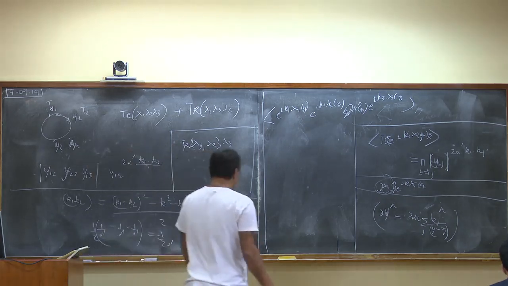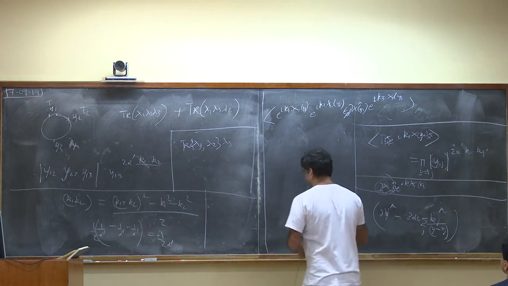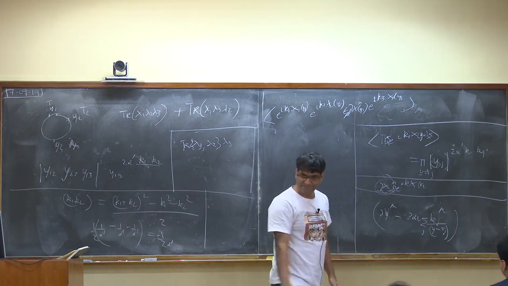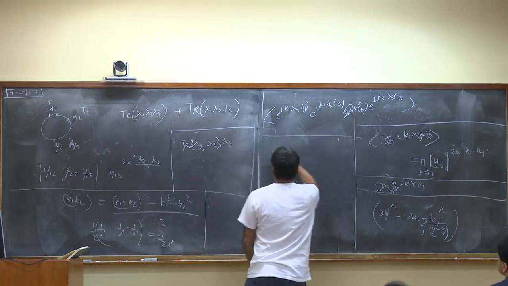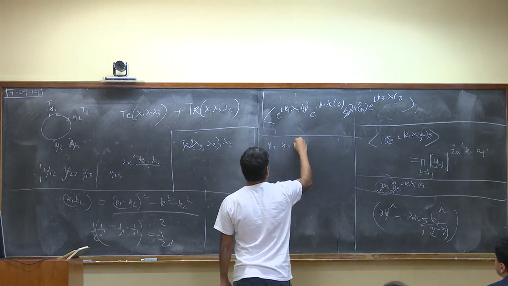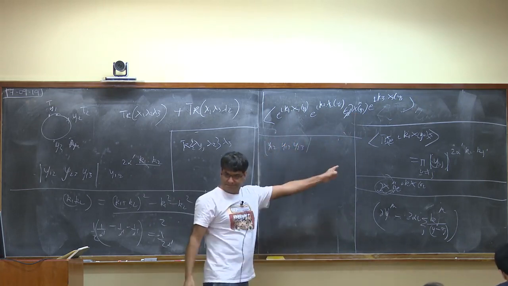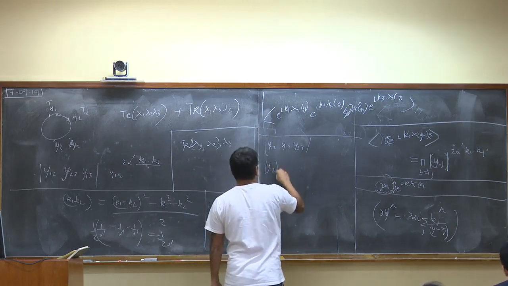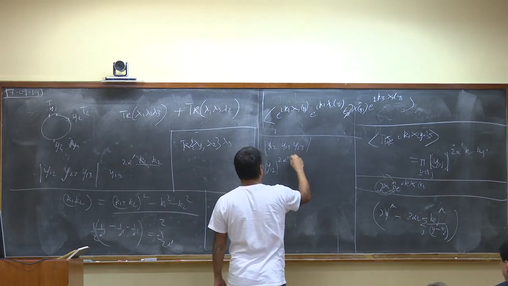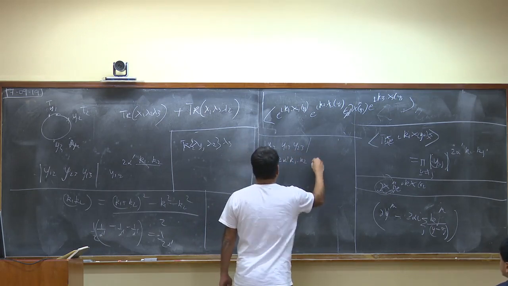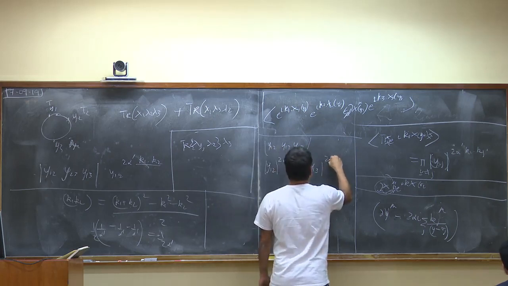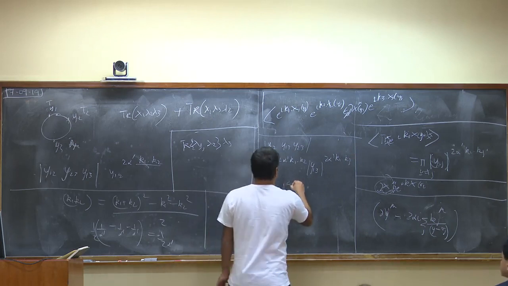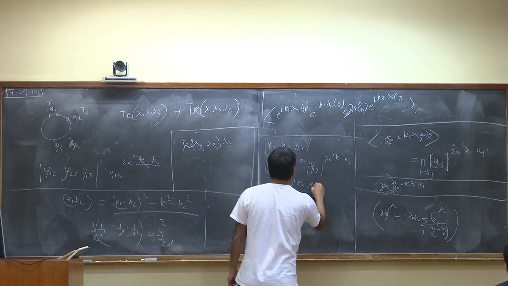So what do we get? We get what we would have got had this not been there. So once again we get y12, y13, y23, this is from the ghosts. Then we get y12 to the power 2 alpha prime k1 dot k2, y13 to the power 2 alpha prime k1 dot k3, and y23 to the power 2 alpha prime k2 dot k3.